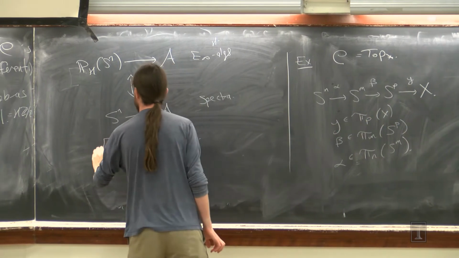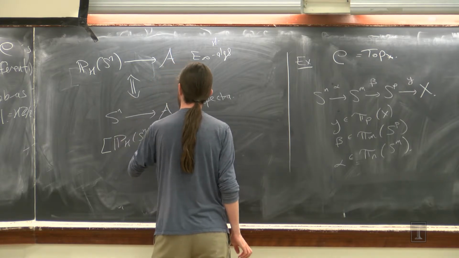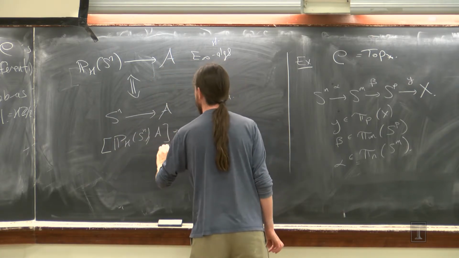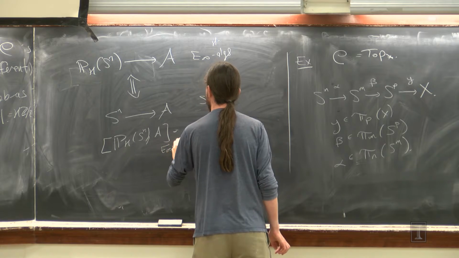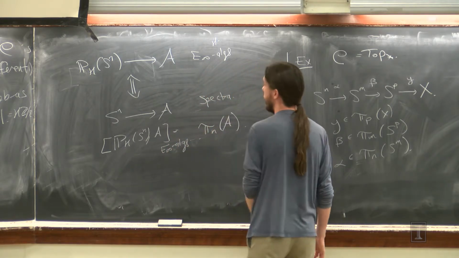So homotopy classes of maps in E-infinity algebras can canonically be identified with pi n of A.